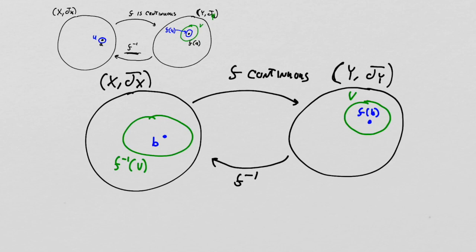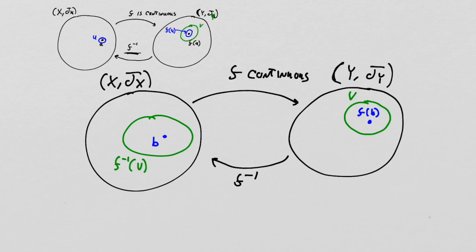V is open by hypothesis. V is an element of the topology of Y. So if B itself is inside of f inverse of V, then clearly f of B is inside of V. But V is an open set. So it's an important point to remember.